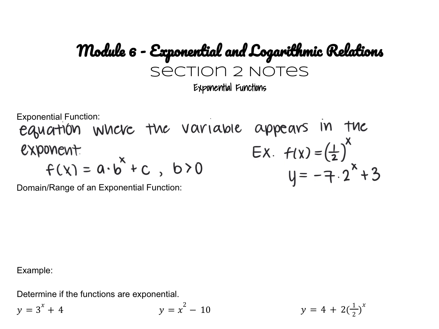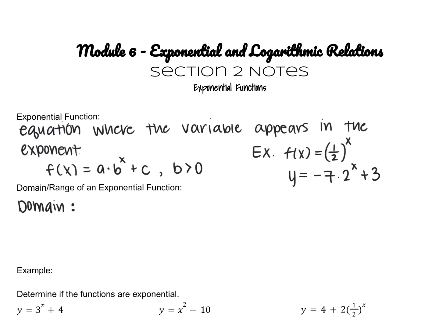Okay. Next, we want to talk about domain and range of your exponential function. So to review, domain is your possible x values. So you think to yourself, is there anything I can't plug in for x in an exponential function?